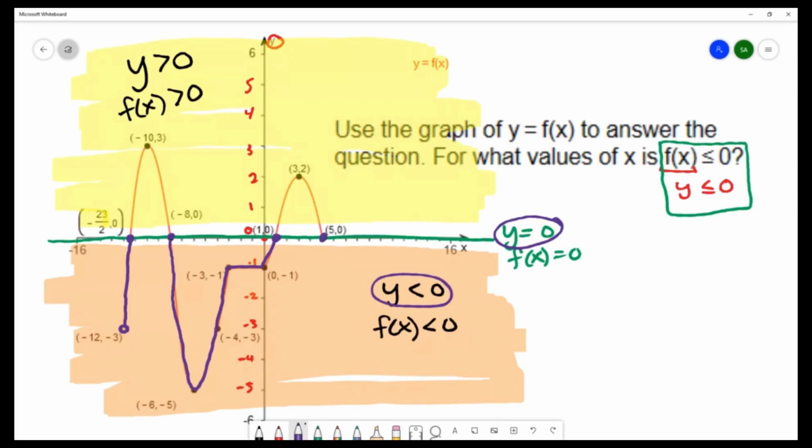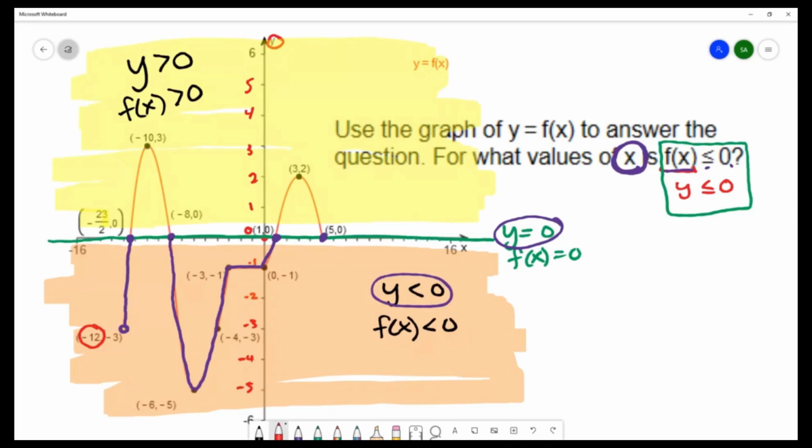So we want to know the values of x where y is less than or equal to 0. So I need to write down these x's.